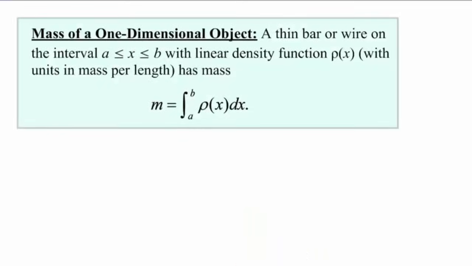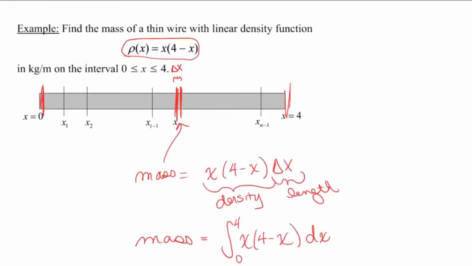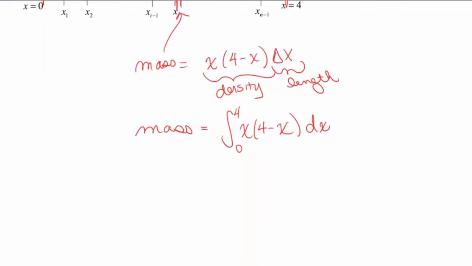So this is what we just said, right? Rho there stands for density. So we've got our density, we're going to integrate it, and it's going to give us our mass. So if we do this example we've got here, how would we actually do that? Well, if we wanted the actual mass, we would have to FOIL this out.